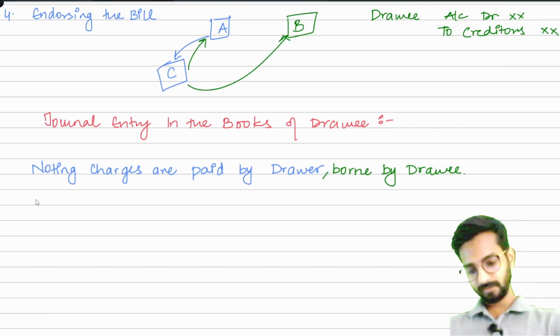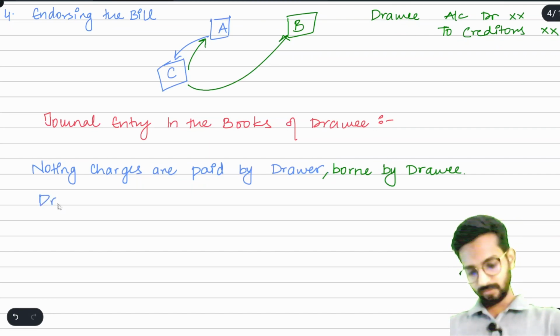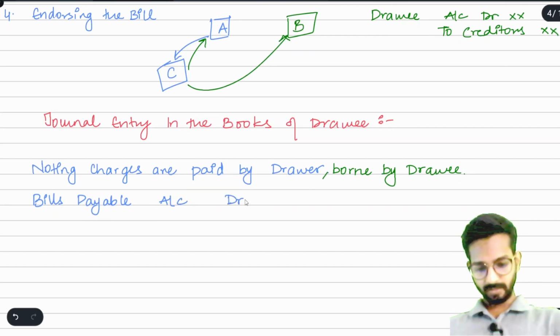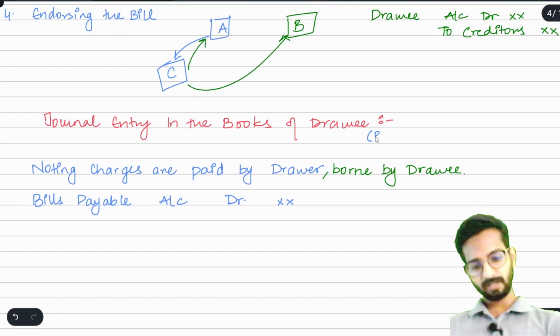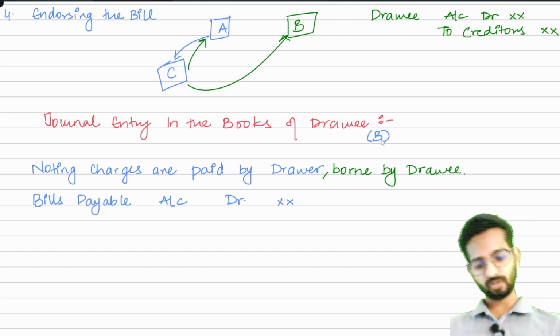So we will write here, in the books of the drawee, the journal entry will be bills payable account, debit, because the drawee, or in our example B, did not make any payment for that bills payable. So bills payable was his liability. He is not making any payment. So that liability for him has gone.